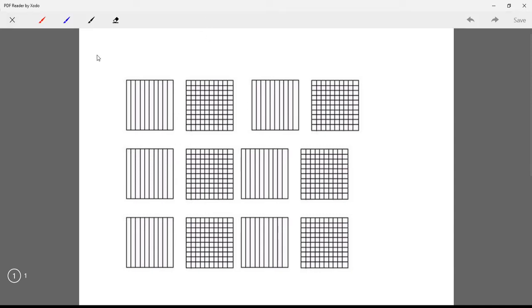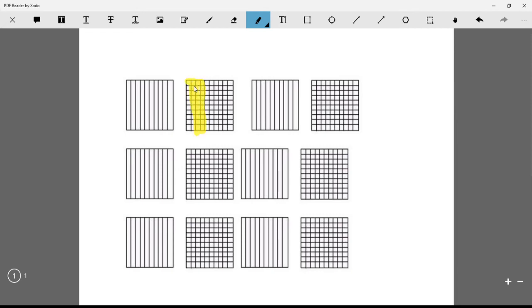Alright, and why don't we go through and do it on the hundreds as well? So this is going to be a little harder here, but okay. Now it'll say how many of these are shaded, right?